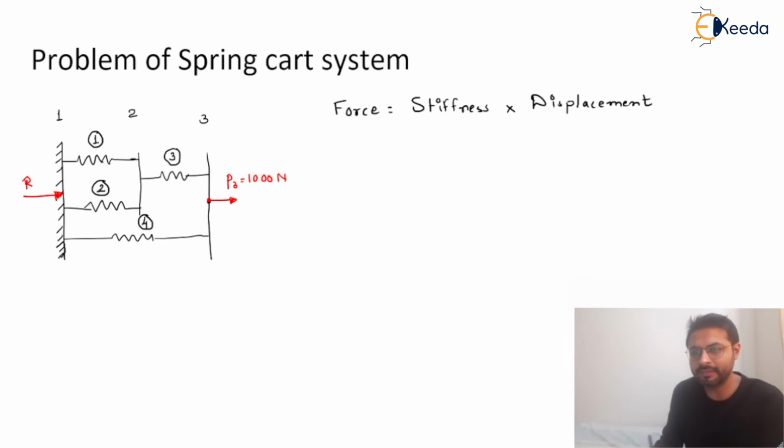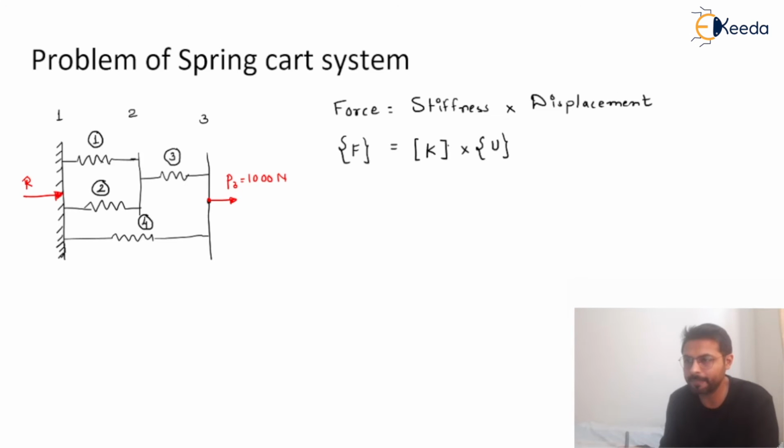But here we have a system, so instead of force, we write the force vector; instead of stiffness, we write a stiffness matrix; and instead of displacement, we have a displacement vector. Now, what will be the size of the stiffness matrix?